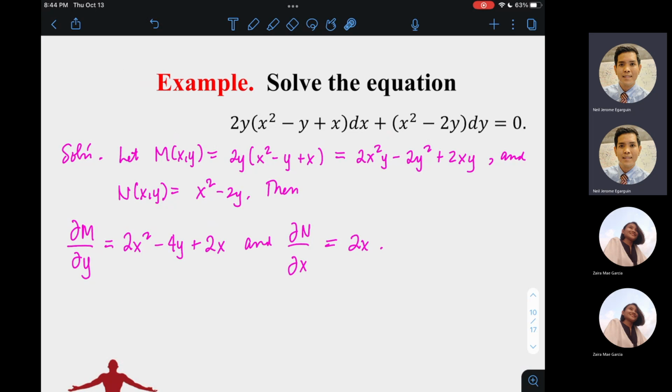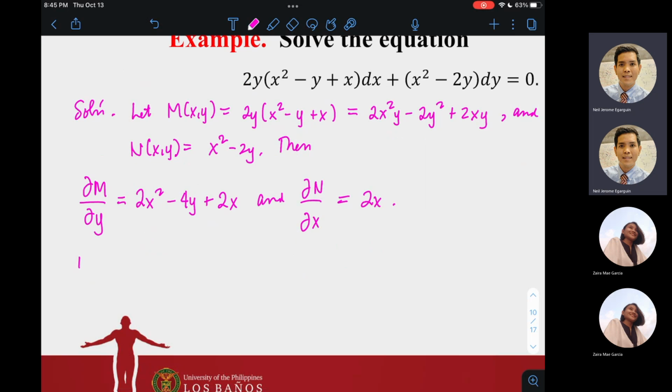Meaning, can I multiply both sides by a function u, hopefully of a single variable, so that the resulting ODE will be exact? Now, ito na yung nakita natin dun sa cases kanina. Kailangan lang nating i-check kung single lang yung variable, either nung 1 over N ng partial ni M with respect to y minus partial ni N with respect to x.